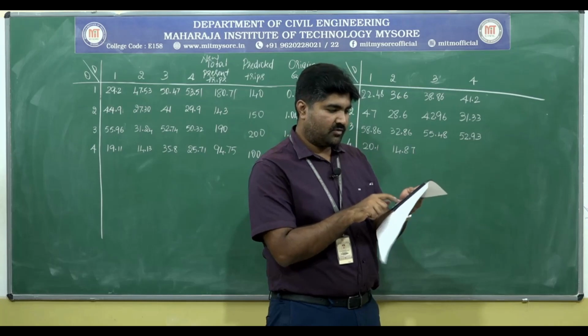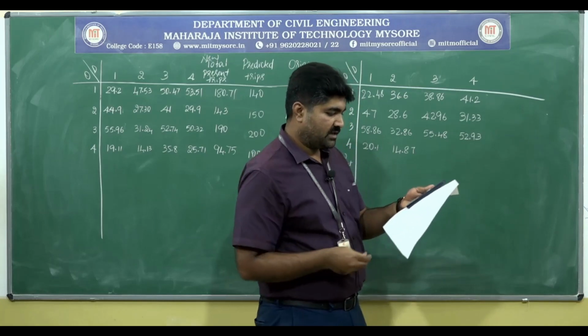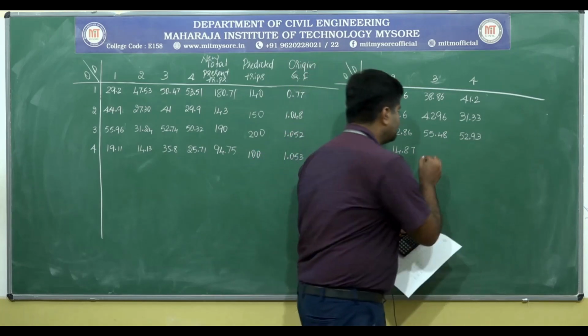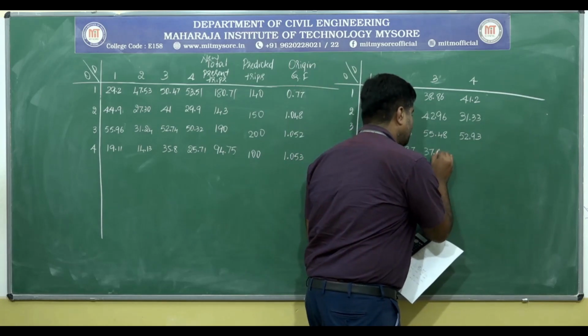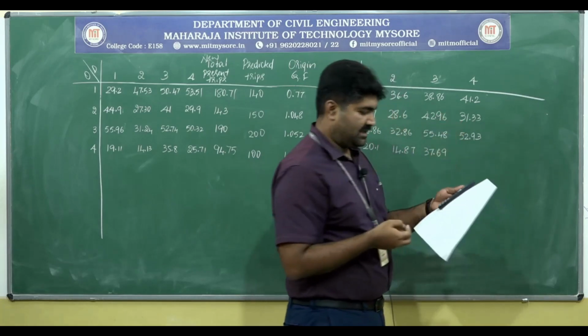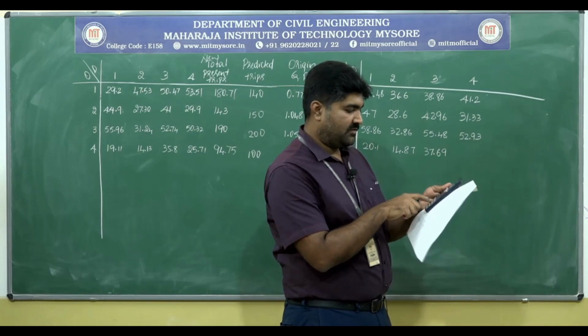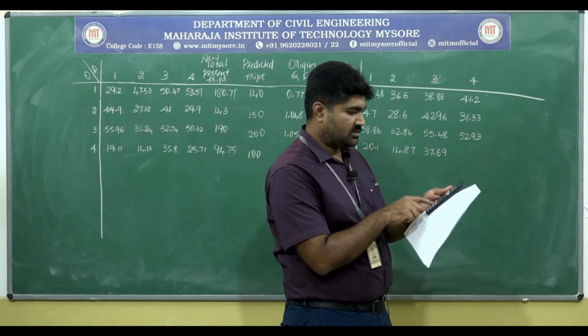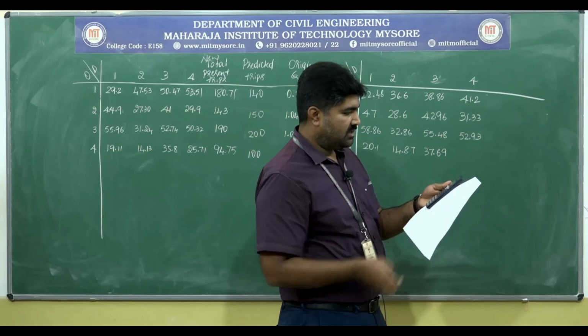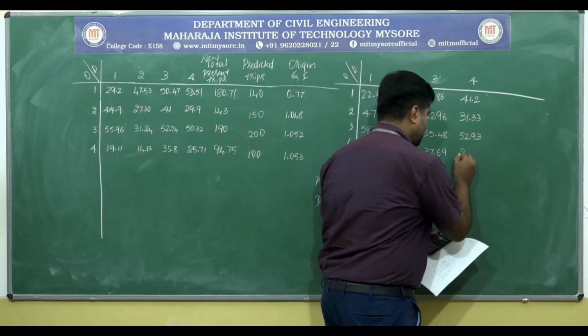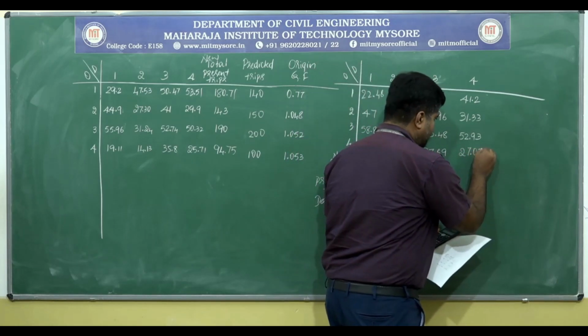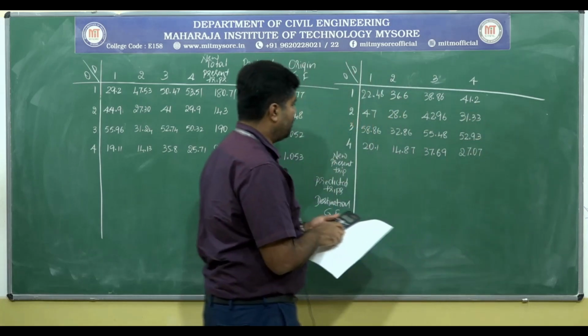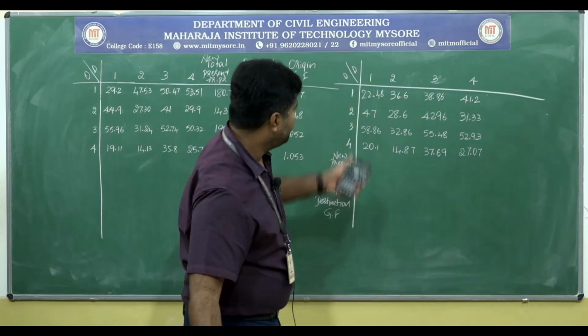Next, 35.8 into 1.053, you will get 37.69. Lastly, this is 25.71 into 1.053, you will get 27.07.